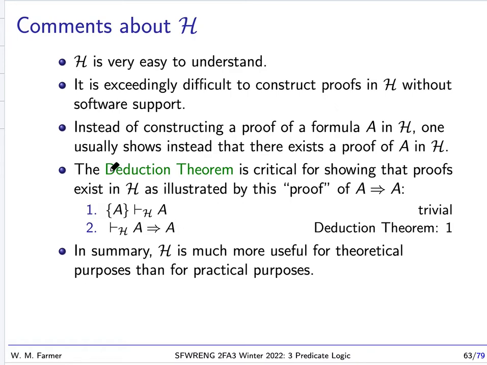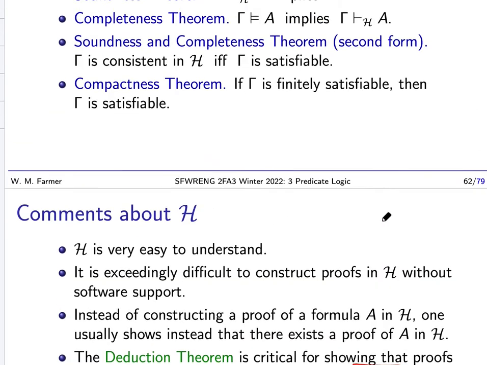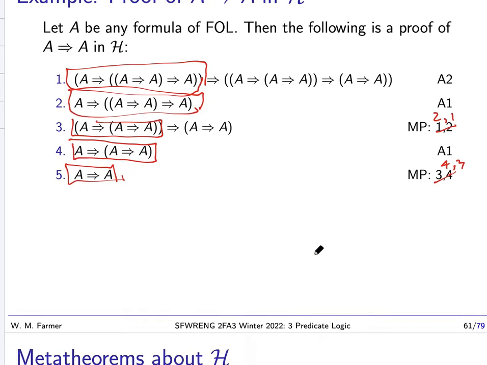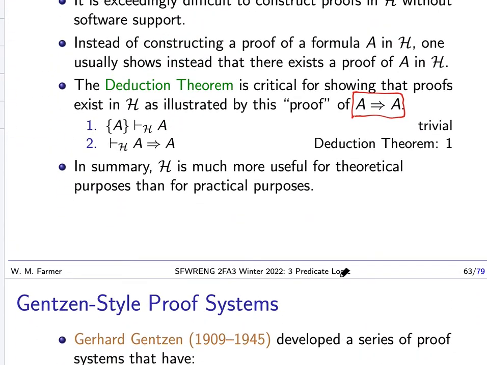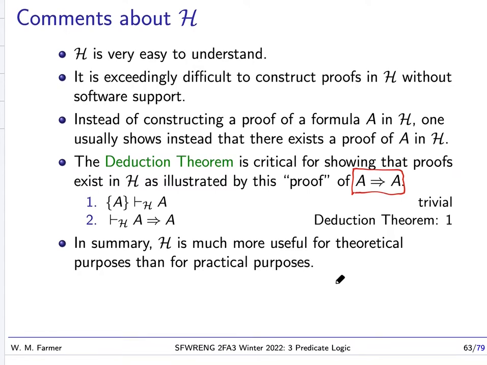And the key for doing this is the deduction theorem. In fact, it's critical for doing this. So you just saw a proof of A implies A, where A is any formula. Right here it is. I can prove it very straightforwardly with the deduction theorem.